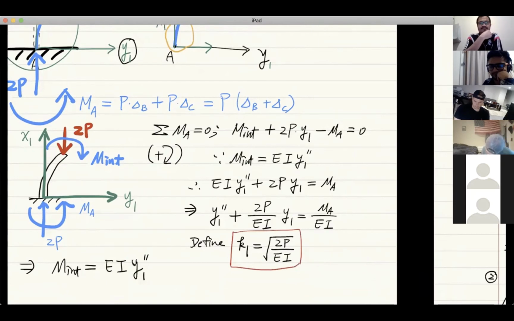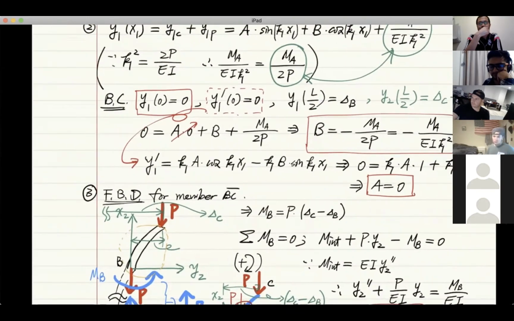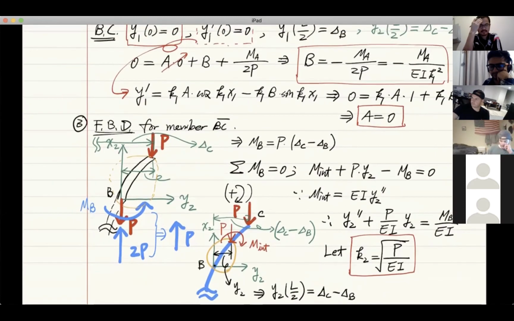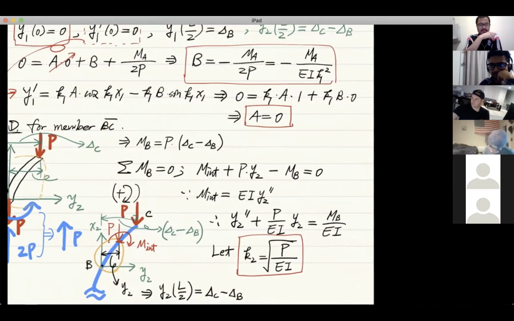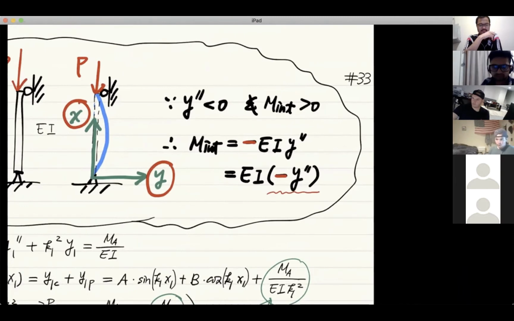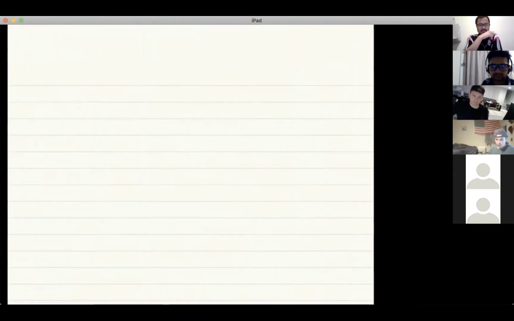So they are not quite the same, right? However, if K1 is the square root of 2P over EI and K2 is the square root of P over EI, what's the relationship between K1 and K2? Square root of 2? We can explain that in the next page. This is page 34.